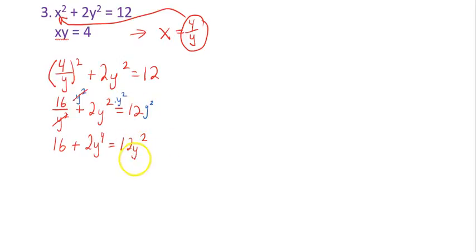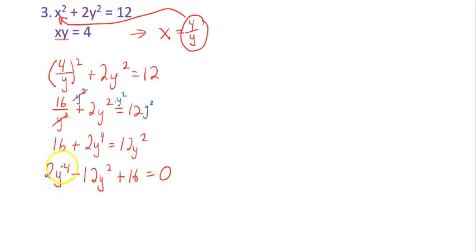I'm going to again get this equal to 0, so I'm going to subtract that 12y squared, and I'm going to put things in order over on the left. So I'm going to start with my 2y to the 4th. I have subtracted the 12y squared. The 16 is still there, and I have it equal to 0. Now this will actually factor.